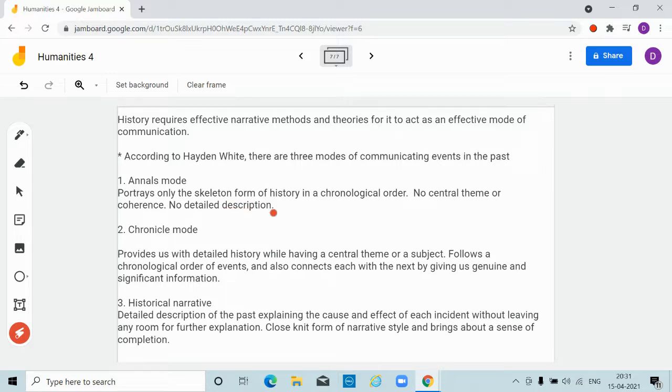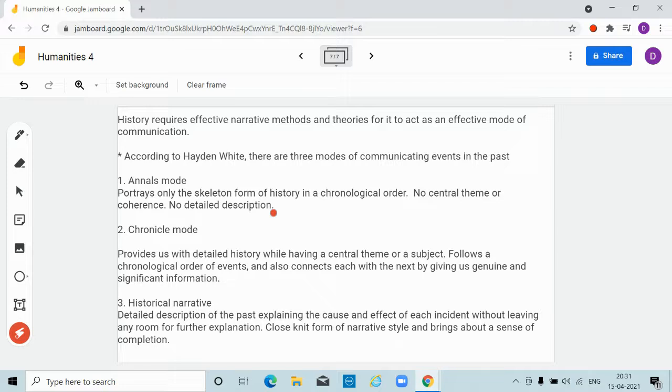That's it. Who assassinated him? What were the consequences? What might have led to the horrific event? No descriptions are given. So that is the annals mode. The year and the corresponding event are given in the chronological order.